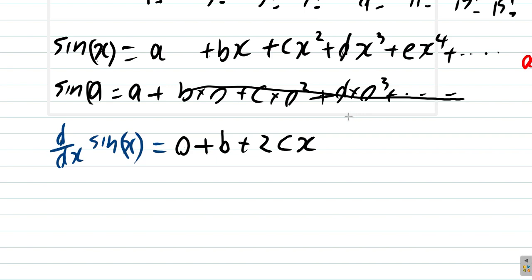You see that? Plus 3d x to the 2 plus 4e x to the 3 plus, and so on and so forth. All right? Now, what happens if we make x equal 0?